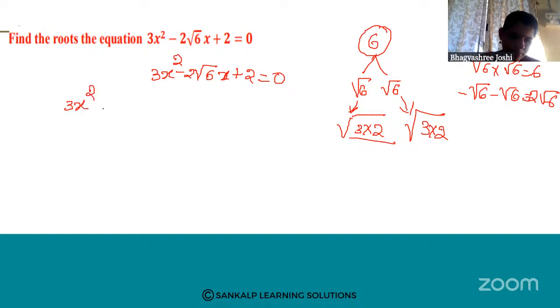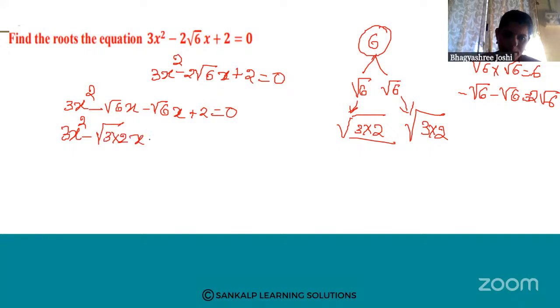Now 3x square minus root 6x minus root 6x plus 2 equal to 0. Again, 3x square minus root 6x can be written as, taking out, and then minus root 6x plus 2 equal to 0.